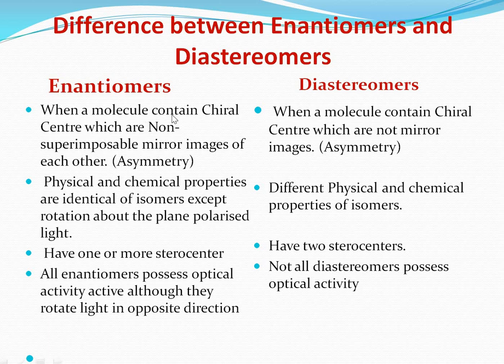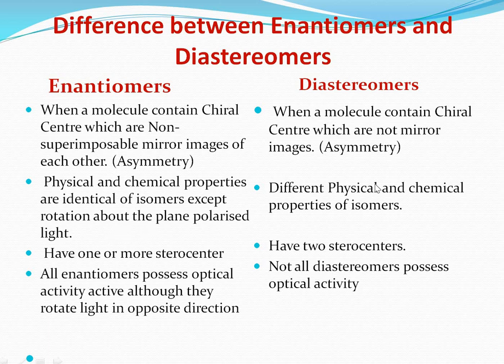Enantiomers: when a molecule contains chiral centers which are non-superimposable mirror images of each other, while in the case of diastereomers, when a molecule contains chiral centers which are not mirror images, and so they have asymmetry. In enantiomers, physical and chemical properties are identical except for the rotation of plane polarized light.